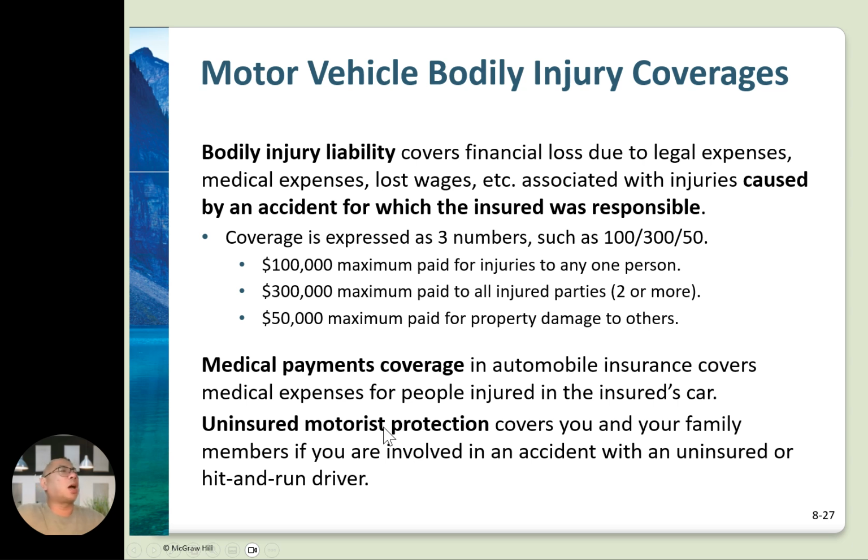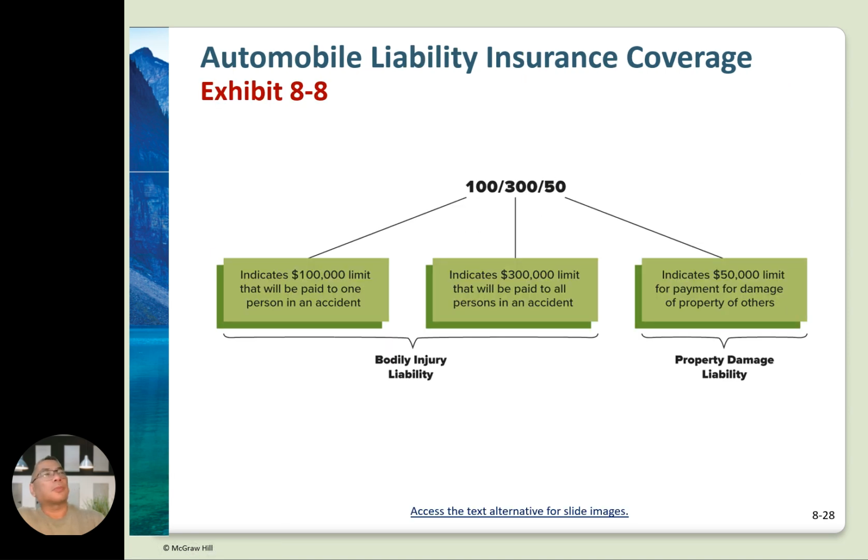If you are hit by an uninsured driver, then you are covered by this. Example here, 100/300/50. This is the logic of the coverage. The 100,000 limit will be paid for one accident victim, the 300,000 limit will be paid to all persons in an accident, and the 50,000 limit is for damage to property of others.